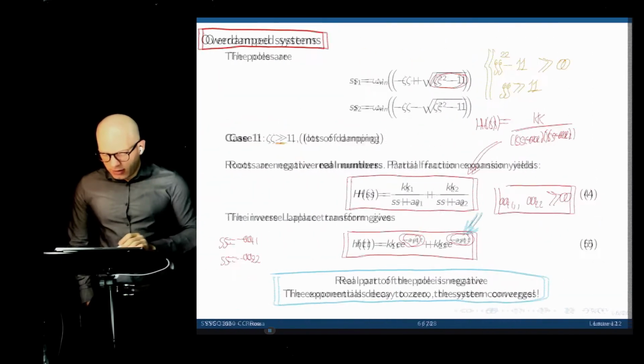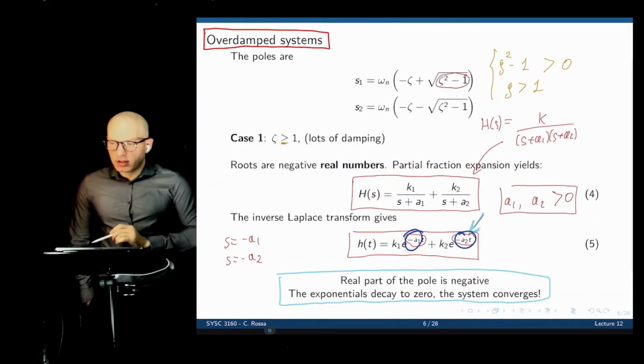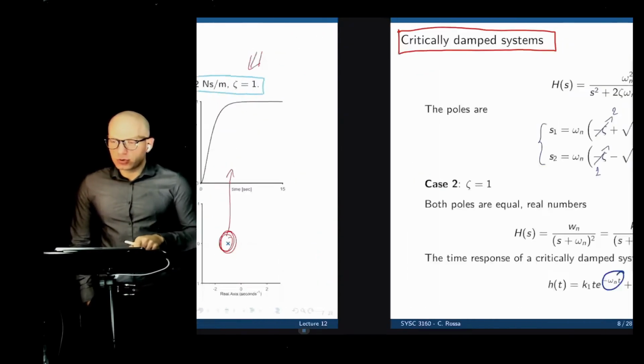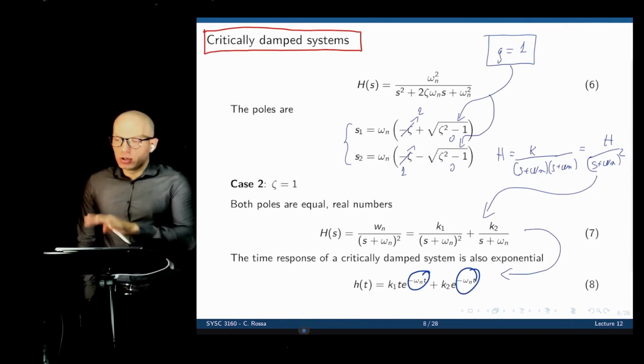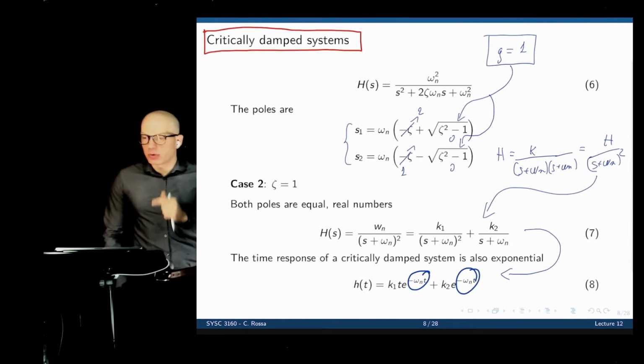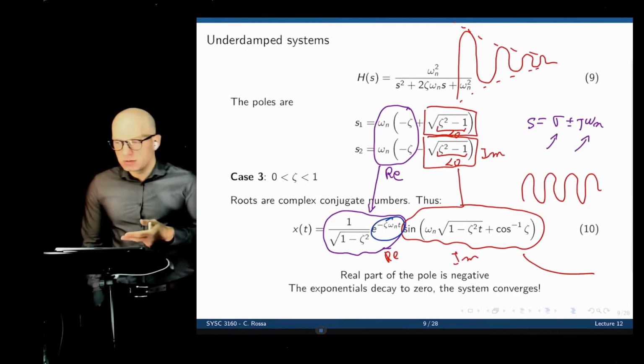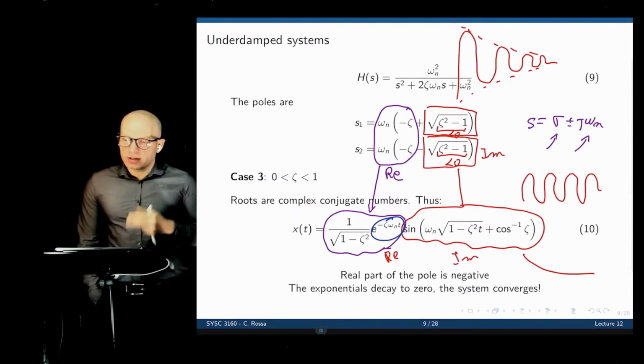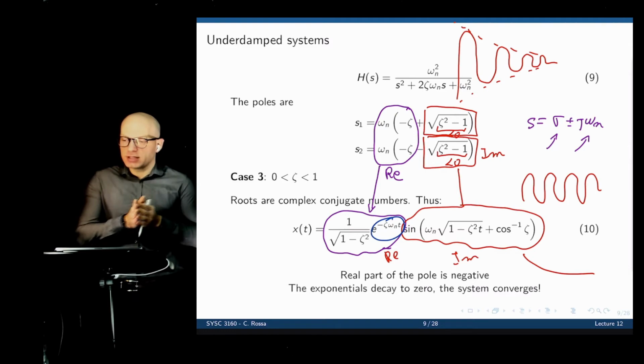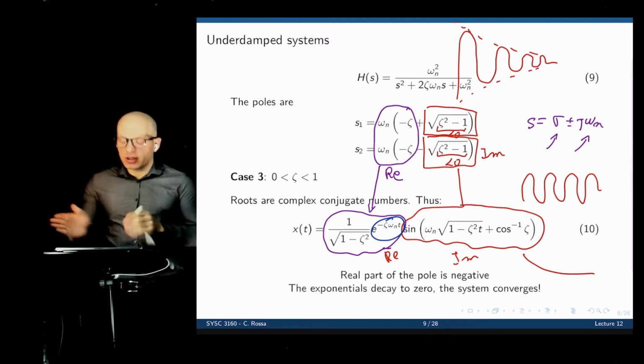You notice that everything is exponential of negative something times t. So the real part of the pole for the overdamped, critically damped, and underdamped systems is always negative. The real part makes the poles lie on the left side of the S-plane.